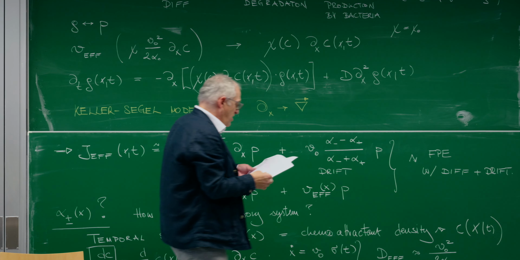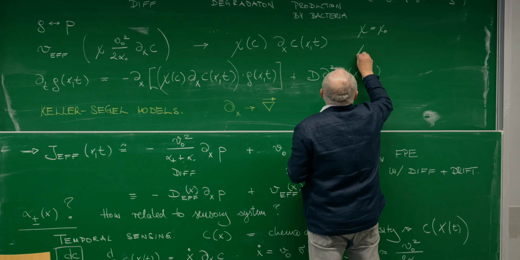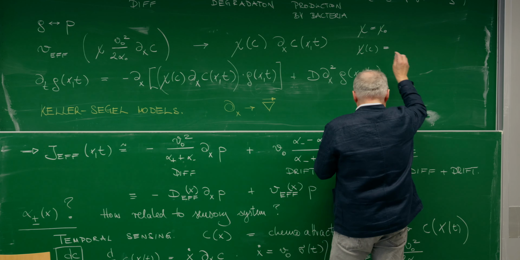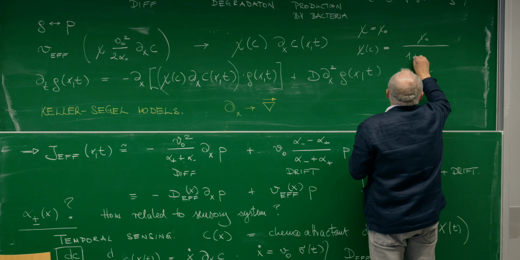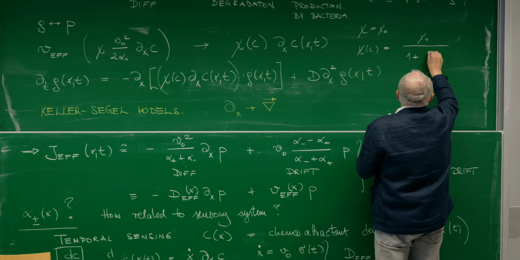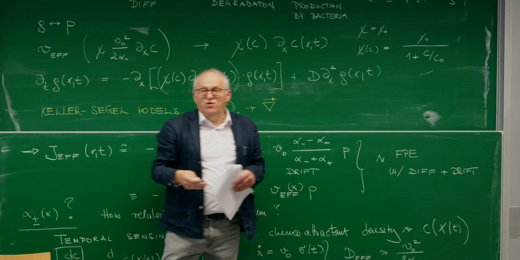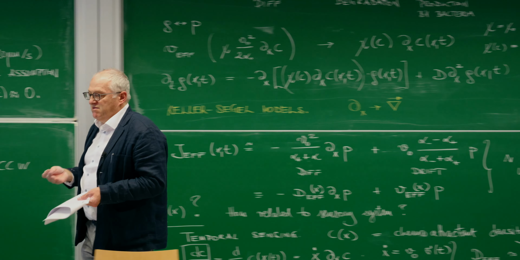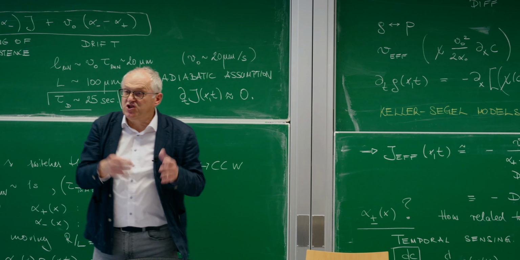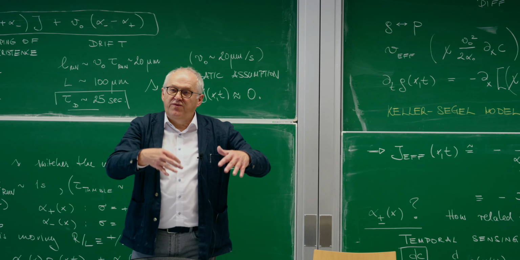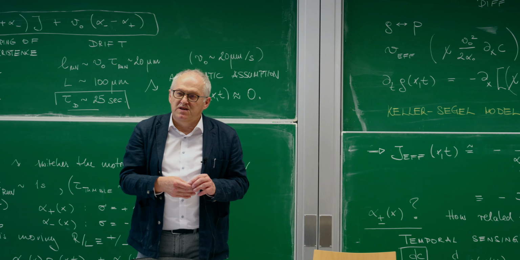But there are also other models where it has been shown that chi of c can also have the form of a constant times 1 over 1 plus c over c naught, and many other forms. And it's actually a problem that you can study by looking at the reaction network. What kind of form would you calculate given your knowledge about the reaction network in detail?